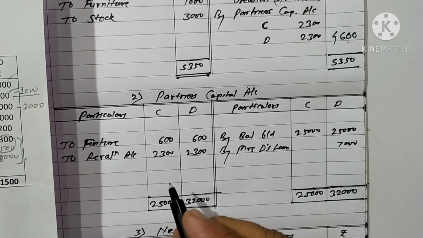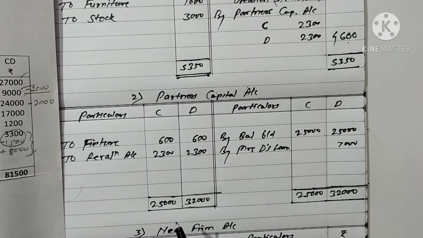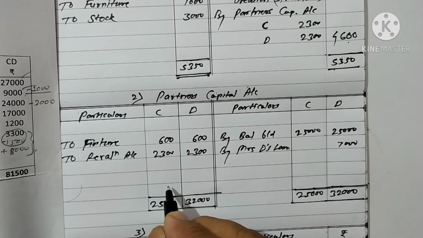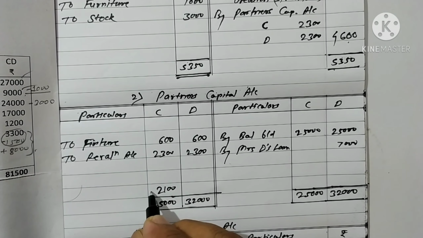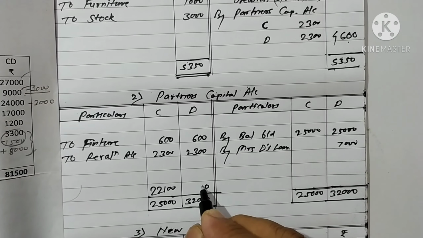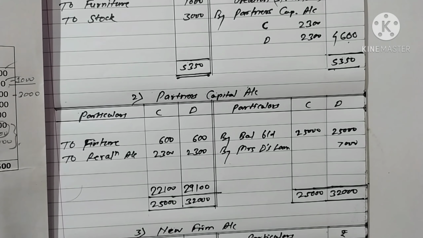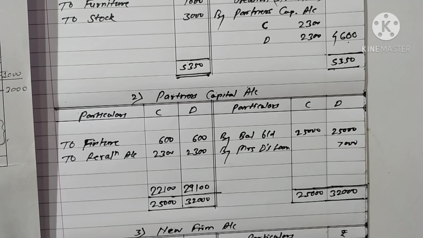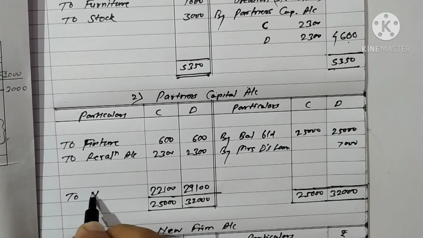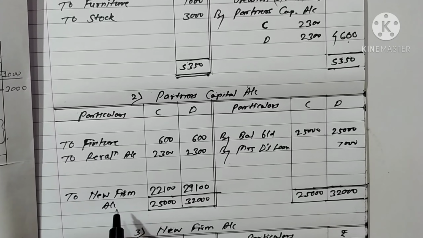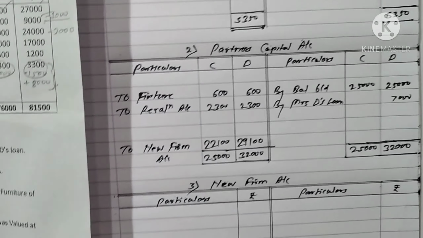From this one we have to subtract above figures and answer comes rupees 2,200 here, 2,900 is a closing capital. It is transferred to new firm account. It will appear on new firm account credit side.